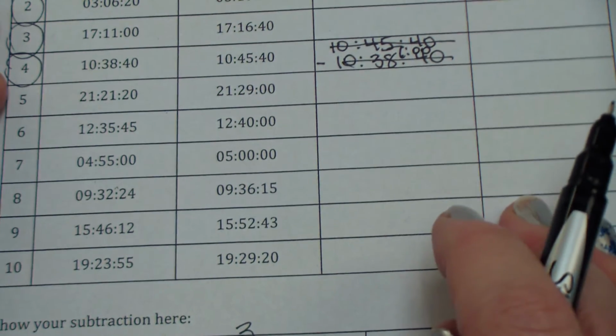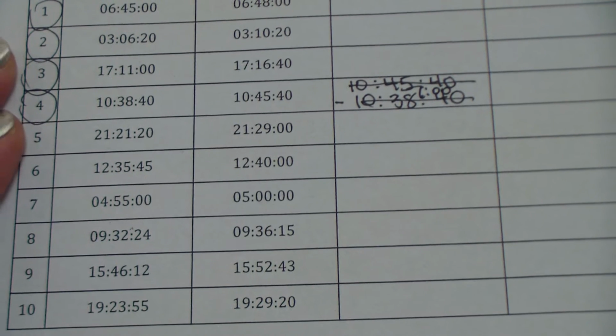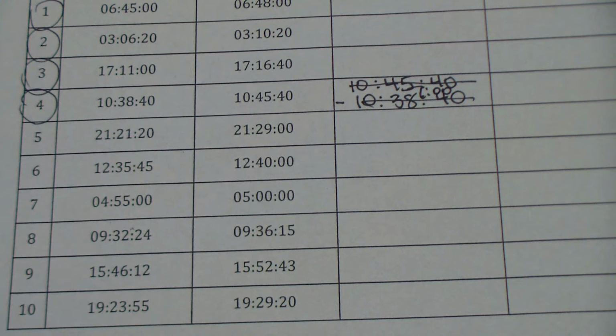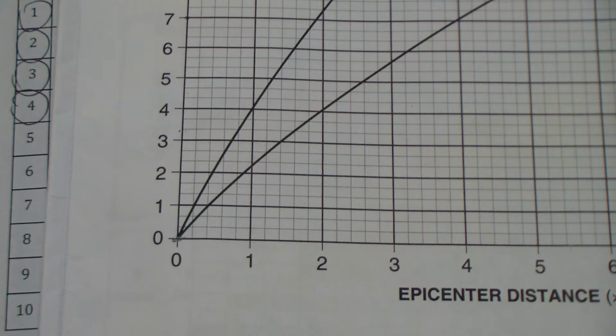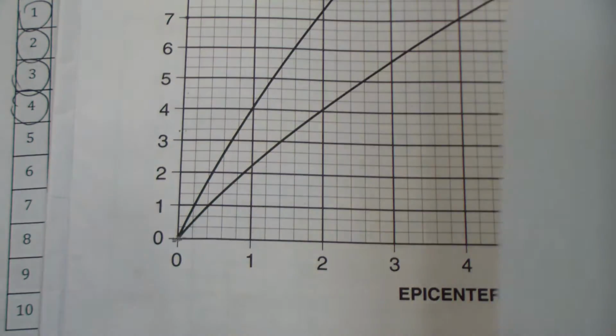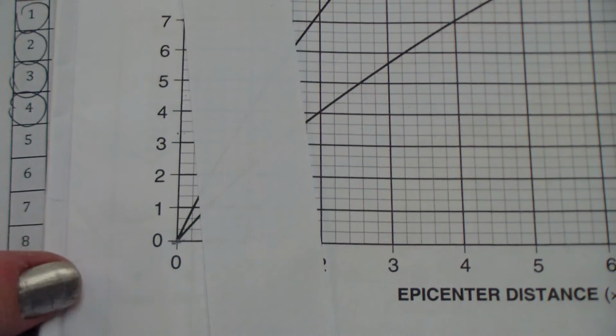Okay? And then if I'm going to figure out my epicenter distance, this is where I need my BFF. And I'm going to use 7 minutes for that. This is on page 11 in your BFF. And I'm going to use a little slip of paper.